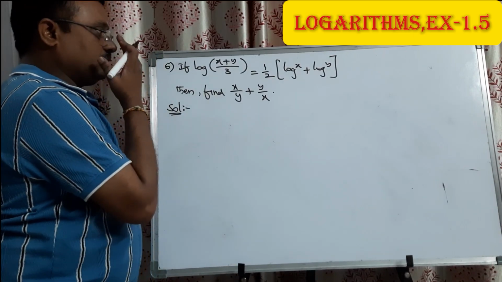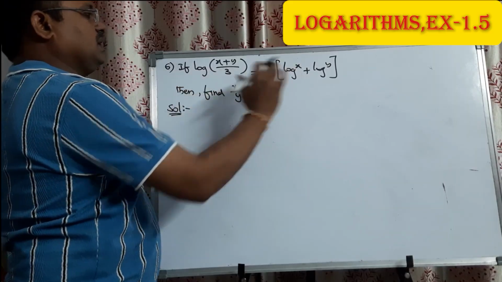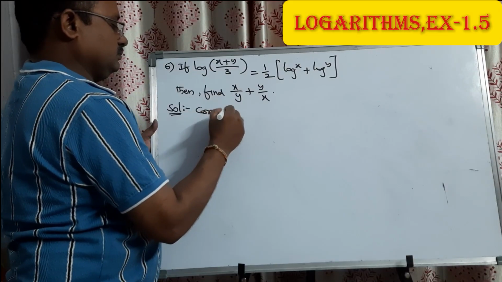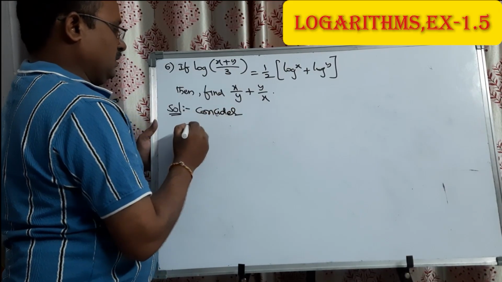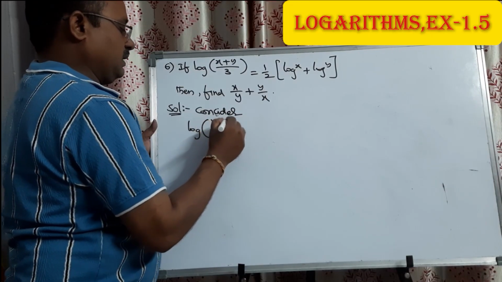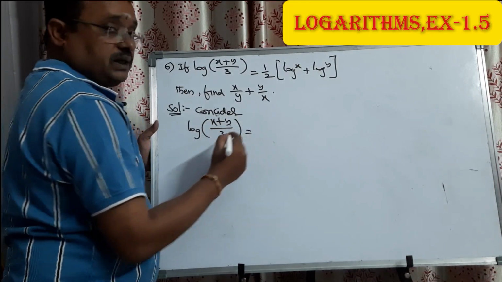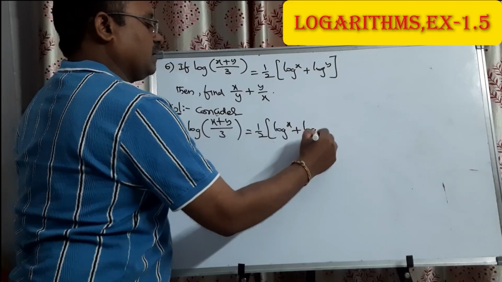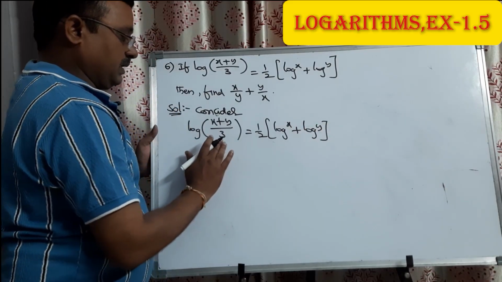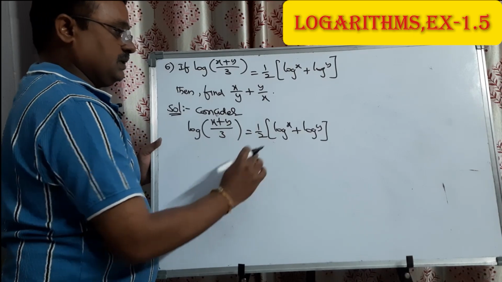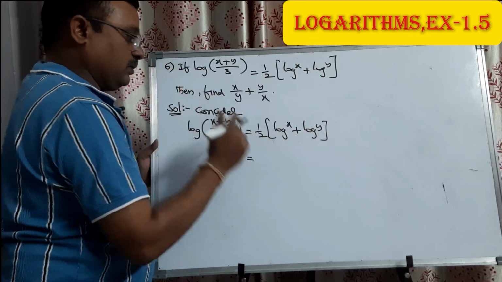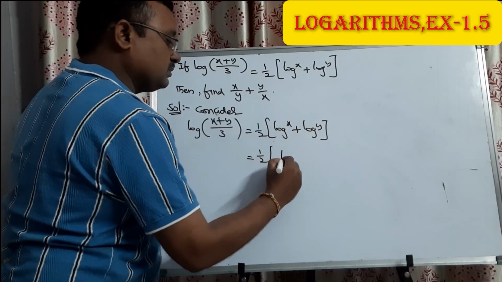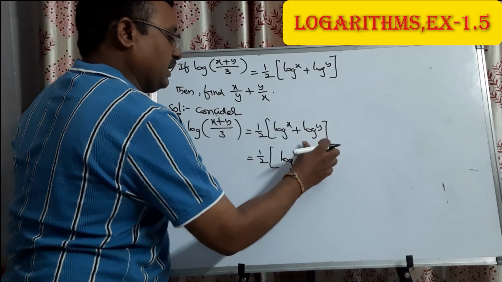For this, what do we need to take? Consider the given value: log of (x plus y) by 3 is equal to half of log x plus log y. Keep this as it is for a few steps. Simplify the right side. Half of log x plus log y directly becomes log xy.